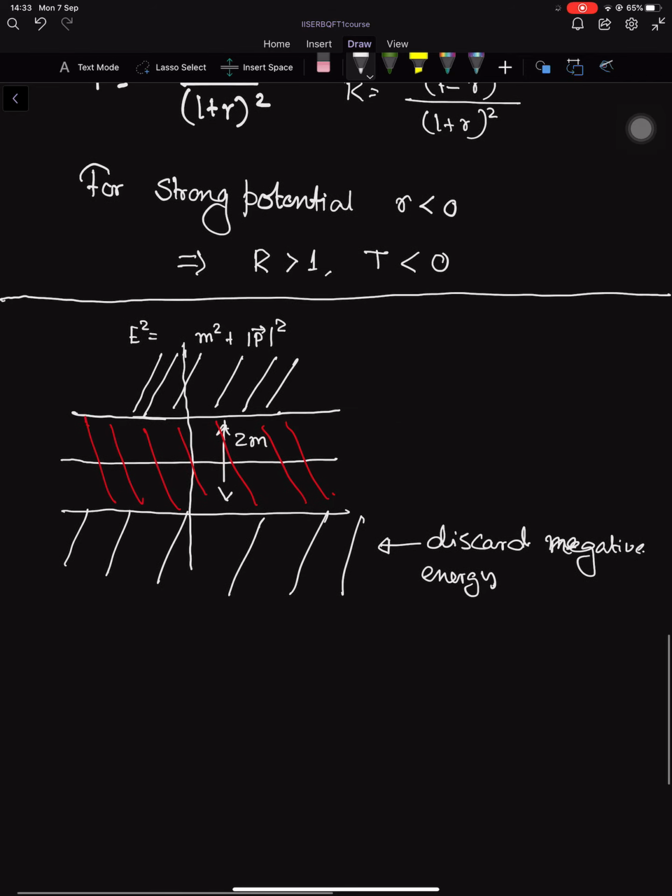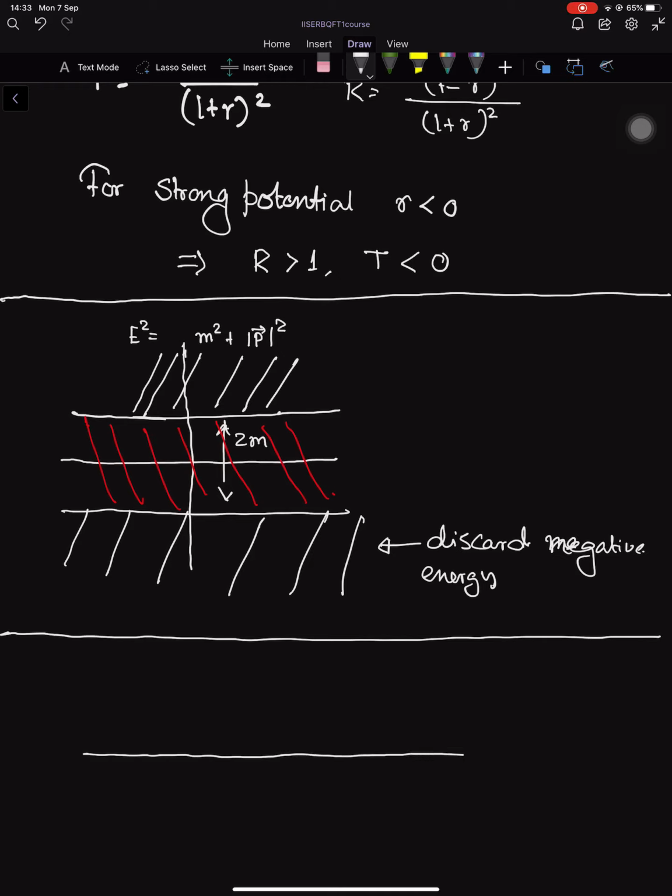But here we will see what's actually happening. So let's say we have this potential, which has the following form. This is a step potential.